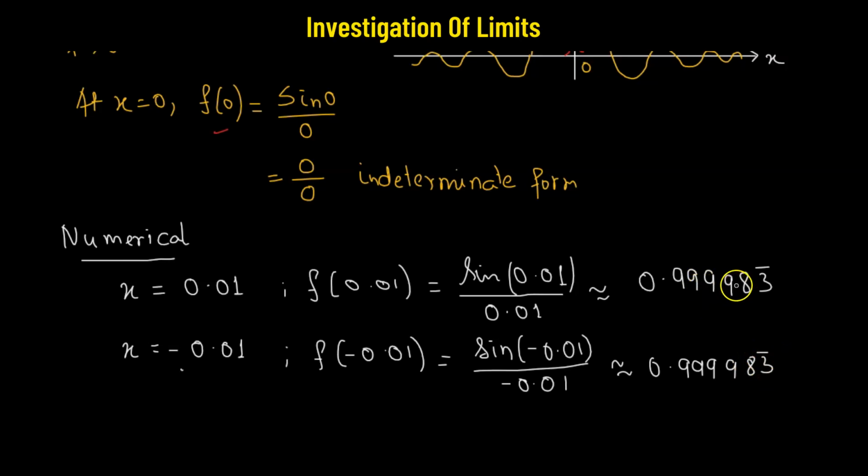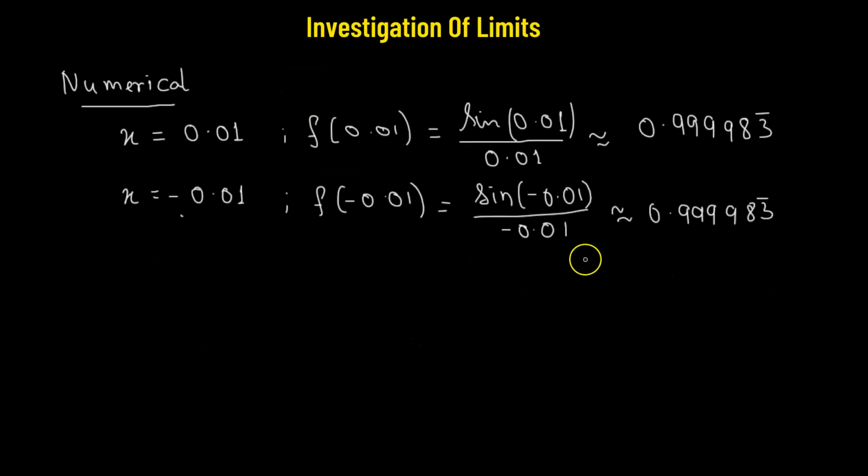So we can make a guess here that when we take the limiting value with x approaching 0 for the function sine x over x, this is going to approach the value 1. This is not exactly equal to 1.